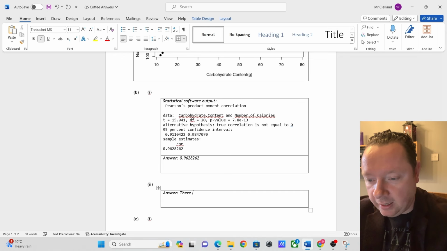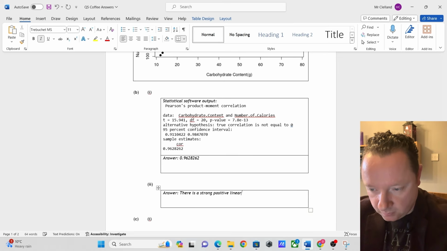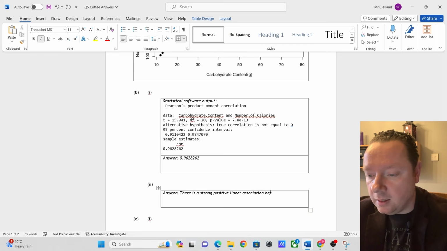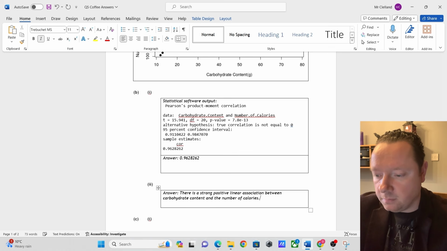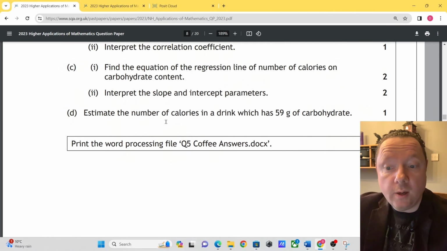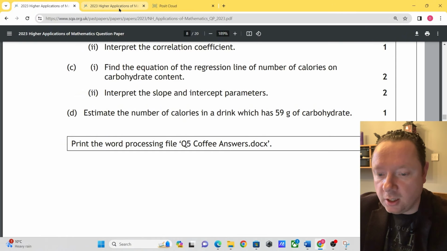There is a strong positive linear association or correlation between carbohydrate content and the number of calories. Part C of this question, find the equation of the regression line of number of calories on carbohydrate content, interpret the slope and intercept parameters. So back to data booklet for a regression line.